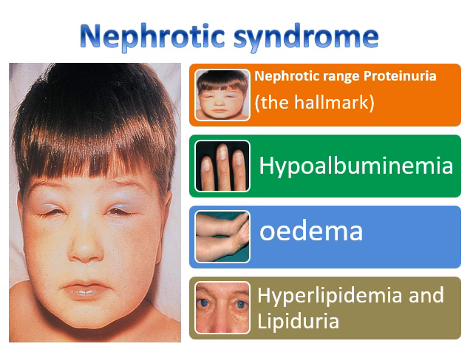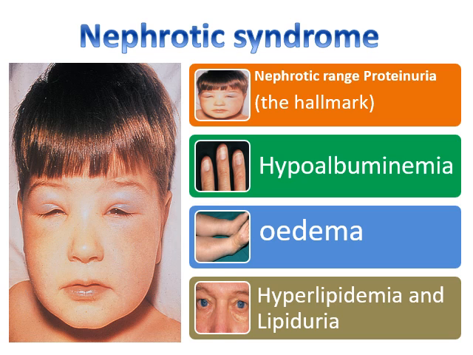Nephrotic syndrome is a tetrad formed of nephrotic range proteinuria, which is the hallmark of the disease. This nephrotic range proteinuria, which principally consists of albumin, will lead to loss of albumin in urine, and so decrease the level of albumin in blood, and this will result in hypoalbuminemia.